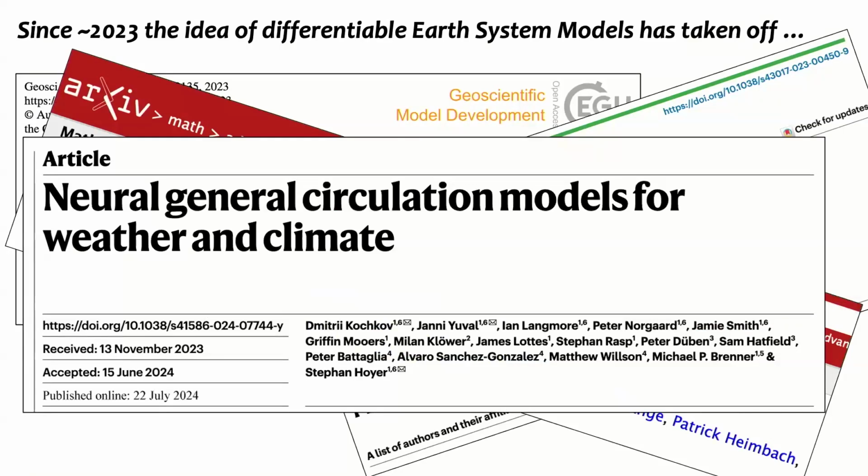That's always what you mean when you say the European model, right? When you hear about weather forecasts, what does the European model say? That's that center. And they came out with this idea, neural GCM, for weather and climate.